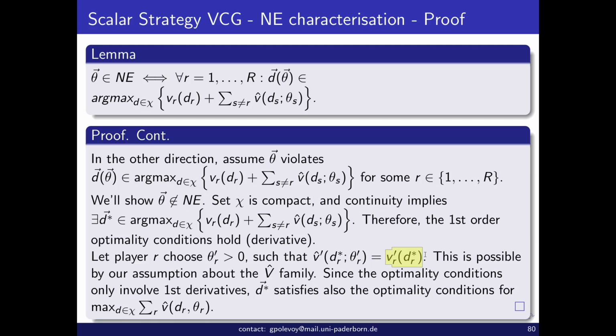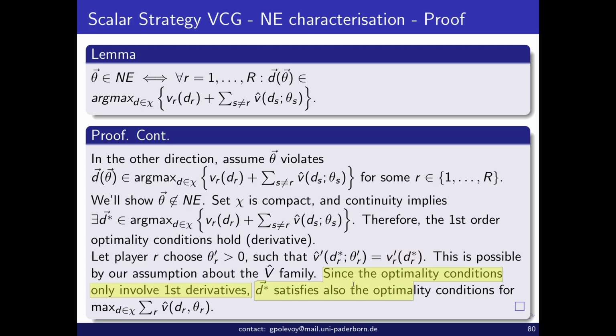So we of course are not always able to pick exactly our utility function. Maybe it is not in this v hat space, but we are able to pick something in v hat space that will have a derivative such that at this point it is equal to this. That's kind of the analog to truthfulness. So this is possible by our assumption about this family.